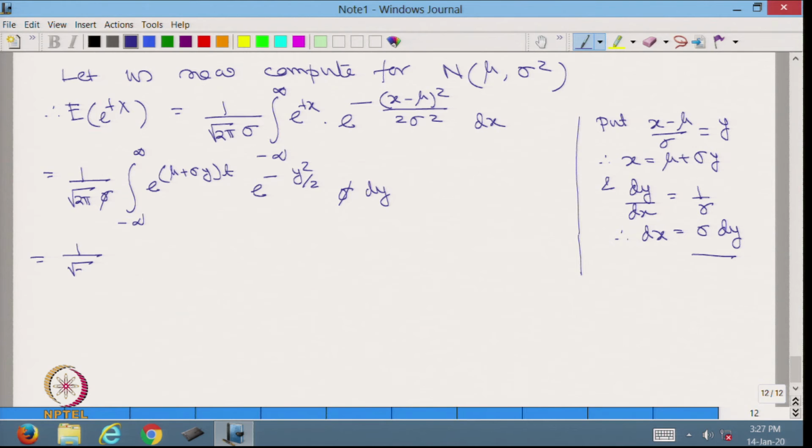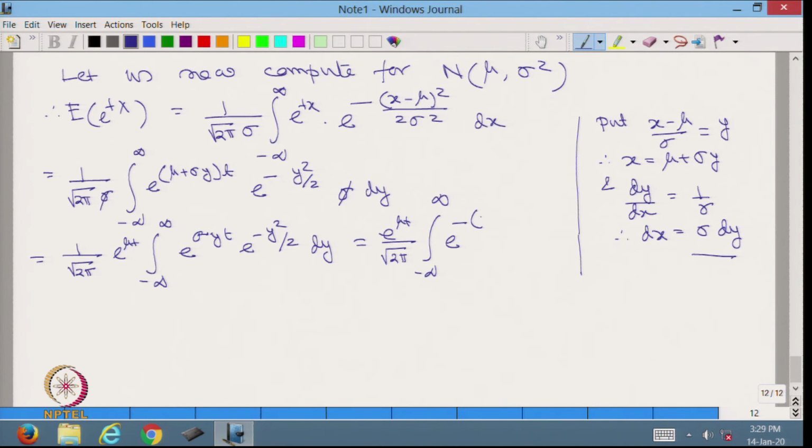Therefore, we are getting 1 over root 2 pi, e to the power mu t we take out of the integration, because that is not involved in the integration process, e to the power sigma y t, e to the power minus y square by 2 dy, which is equal to e to the power mu t upon root 2 pi, integration of minus infinity to infinity e to the power minus (y square minus 2 sigma y t) upon 2 dy.